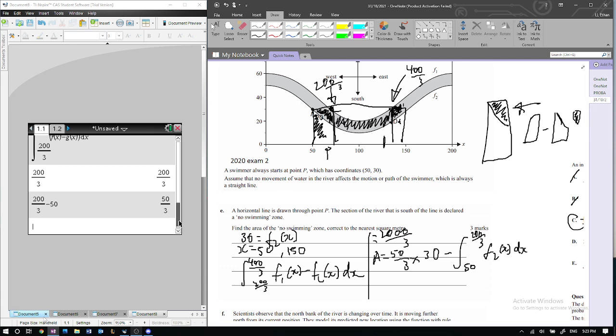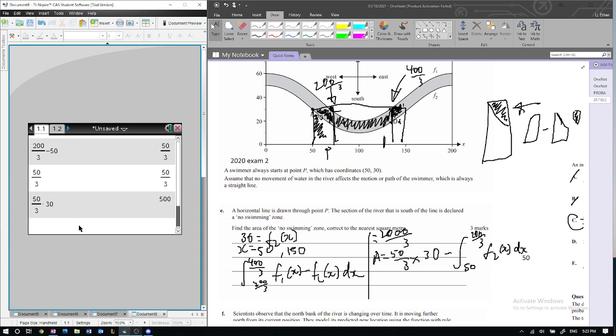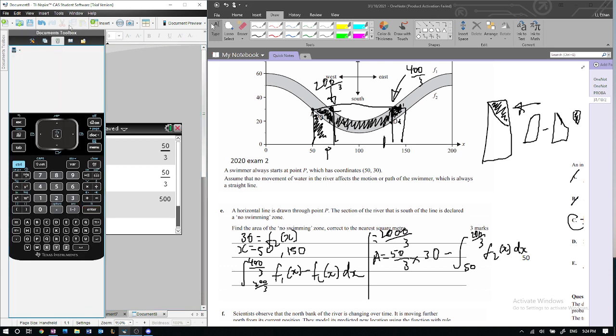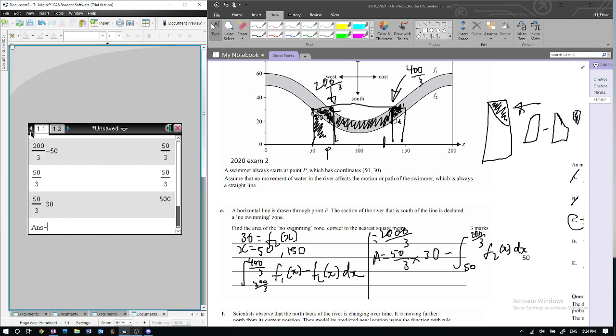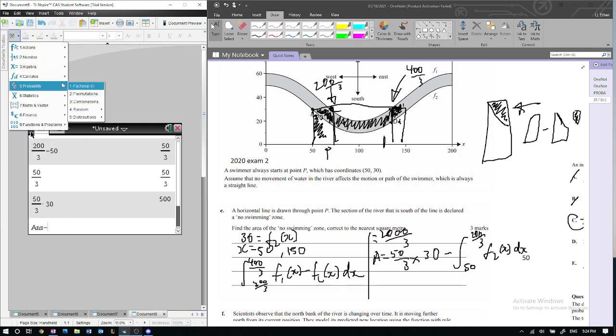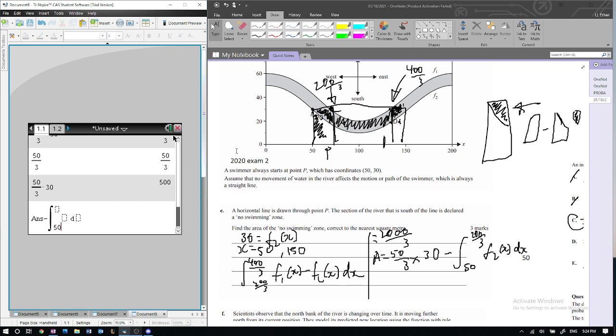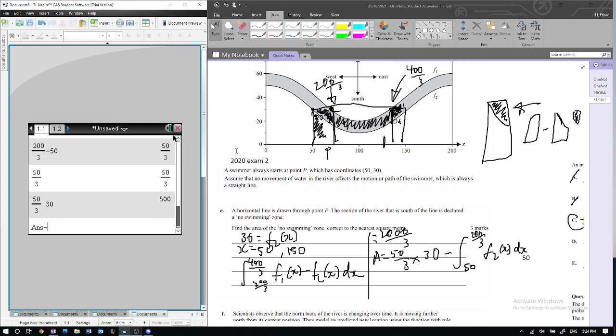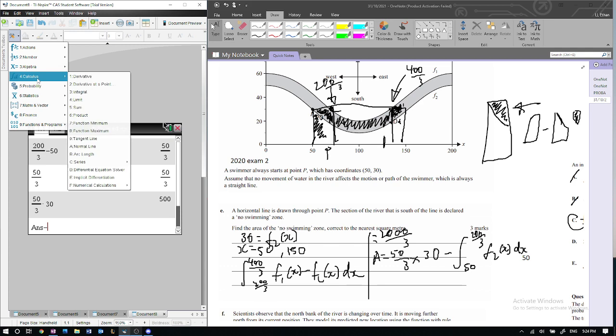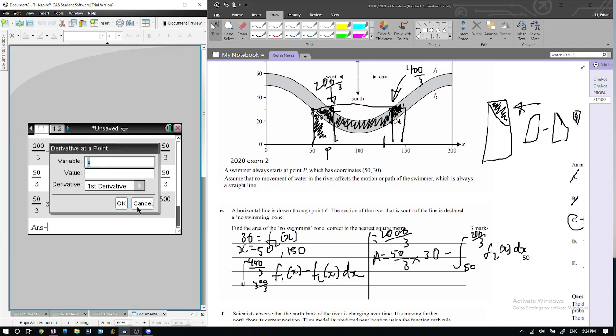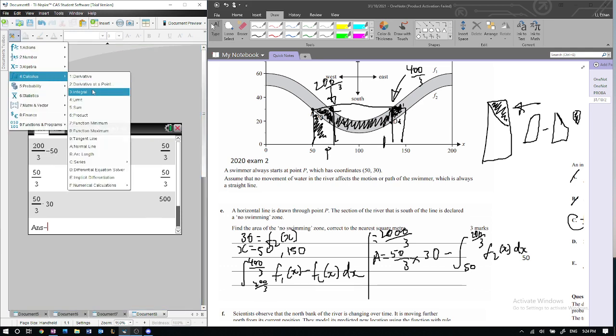Okay, and doing that, it's 500 minus the integral of 50 to 200 on 3 of g of x dx. Oh, my bad. Sorry guys, I'm not great at using this on the computer.